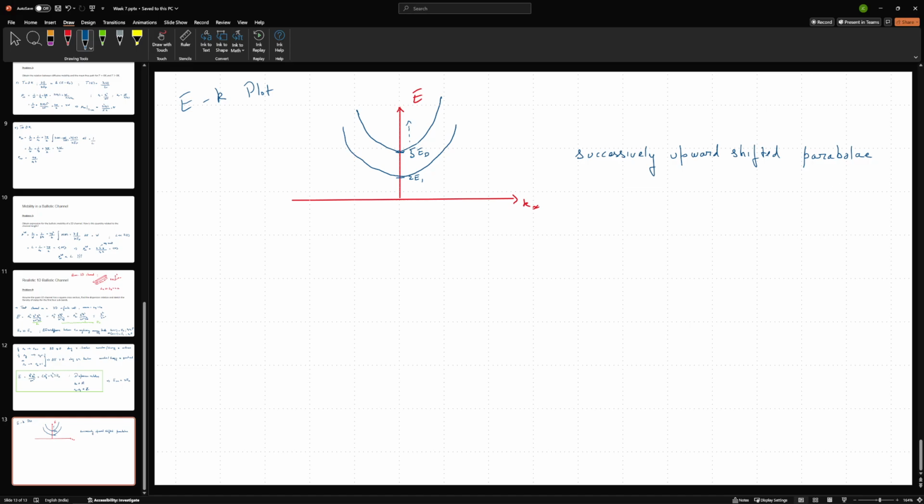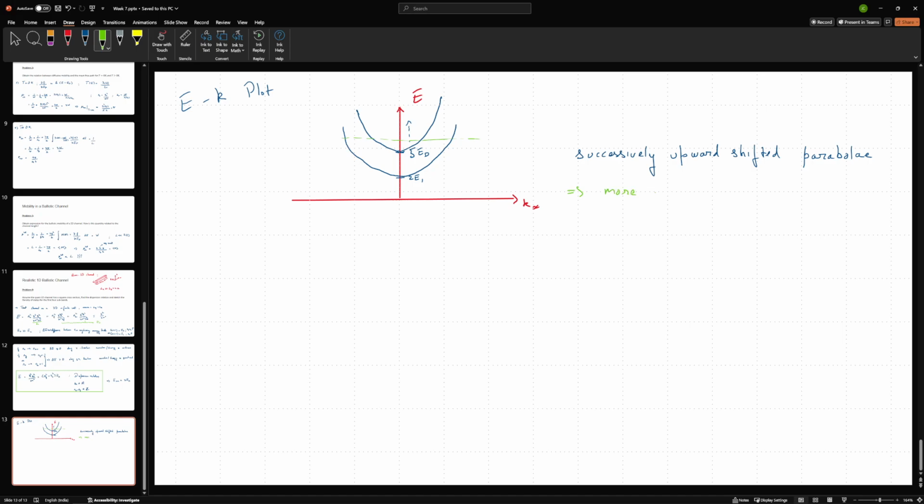This means that the number of energy states available at a particular energy level is also increasing, because notice at this energy level, let us say I draw a line here. Previously for a 1D system, I would have only had one state here and one state here. Now I have one state here, one state here, one state here, and one state here. Now I have four.